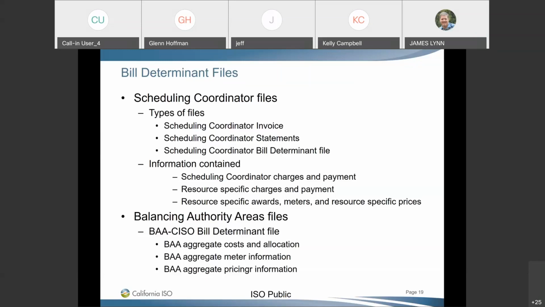Okay. And so can I ask you a question then? Do you see BANC scheduling coordinator, the entities? I can see BANC, I see LADWP, Nevada, PACE, PG&E, I see several different ones. Yeah, those are the BAA common files. Are you seeing any SC files?